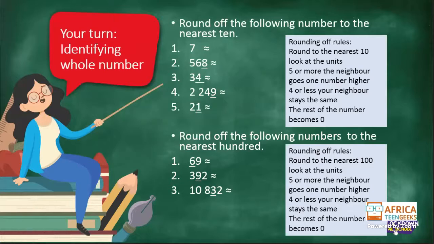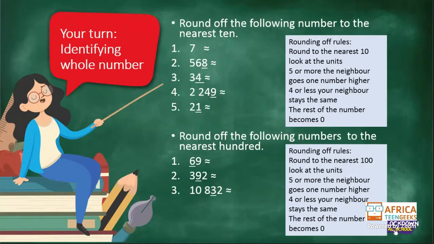So we are going to do this exercise: round off the following numbers to the nearest 10. Here are the rules of rounding off. When you're rounding off to the nearest 10, you look at the unit. If the unit is 5 or more, you round up.